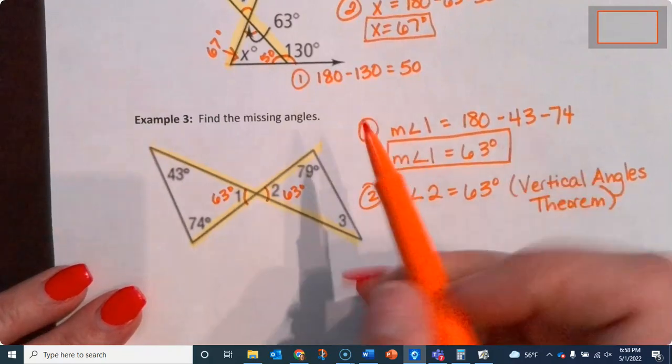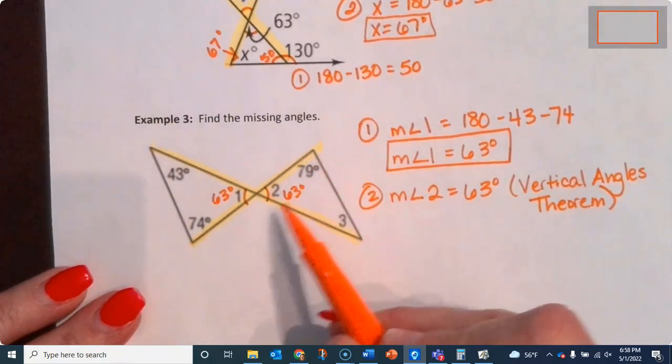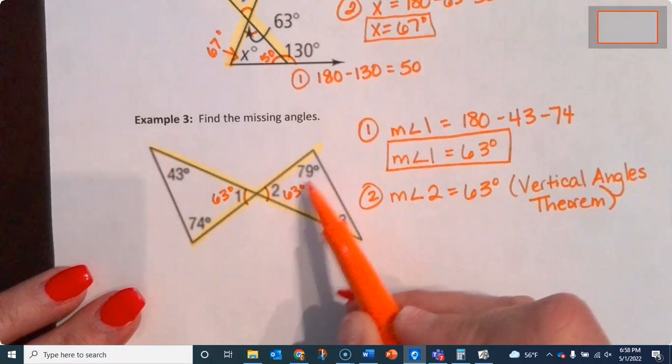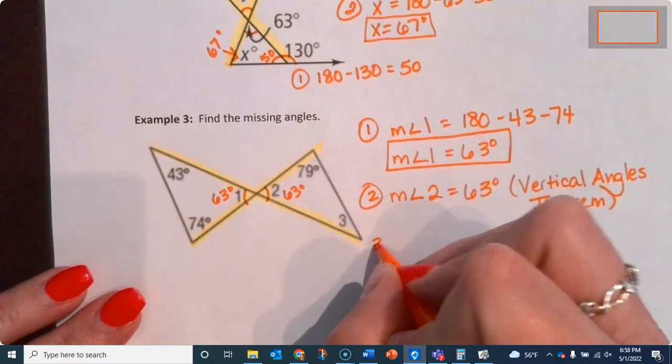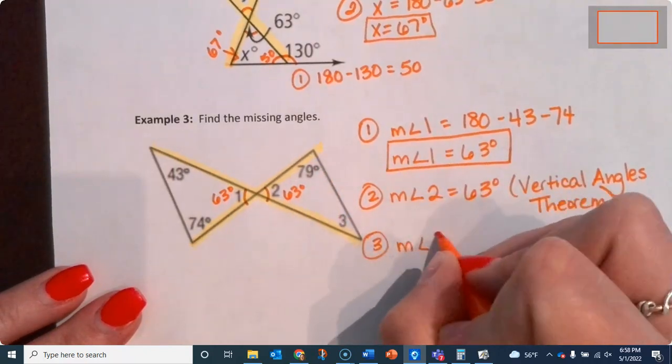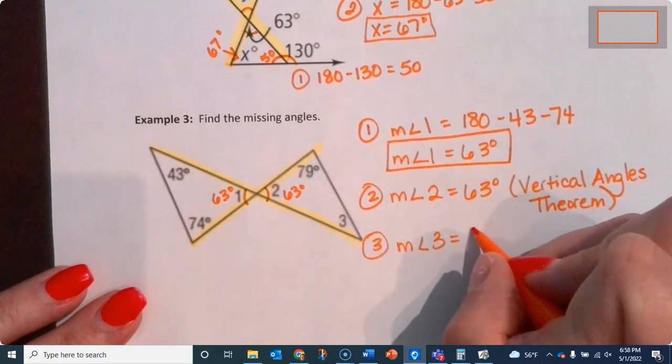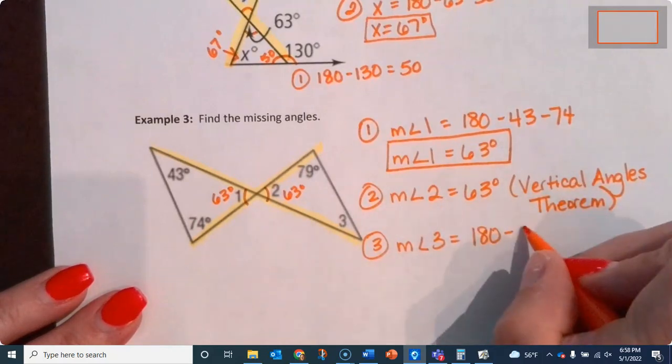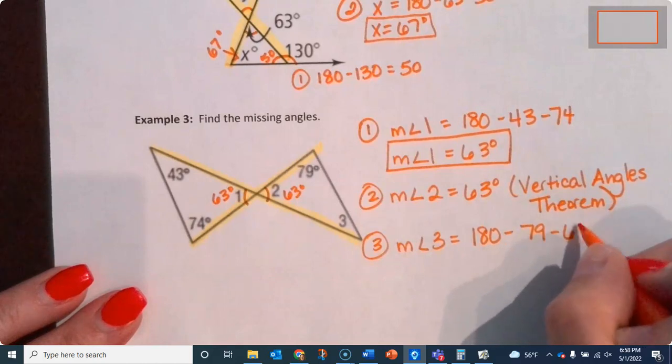All right, and now we have, lastly, the other triangle here. To find angle 3, we've got two angles of that triangle. We're just trying to find that third angle. So the measure of angle 3, since they all three add up to be 180, is just 180 minus 79 minus 63.